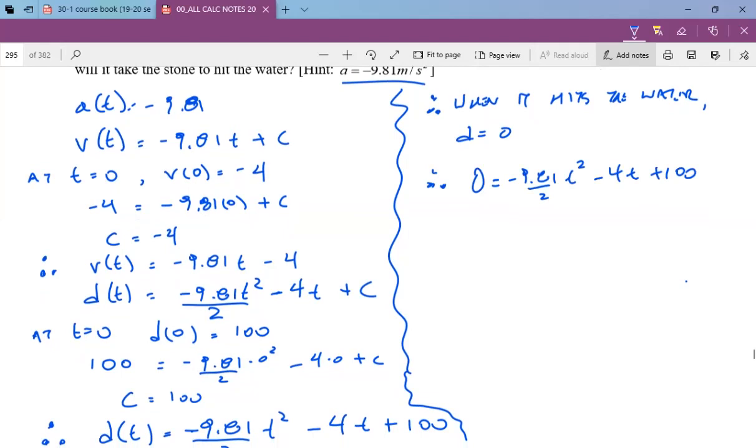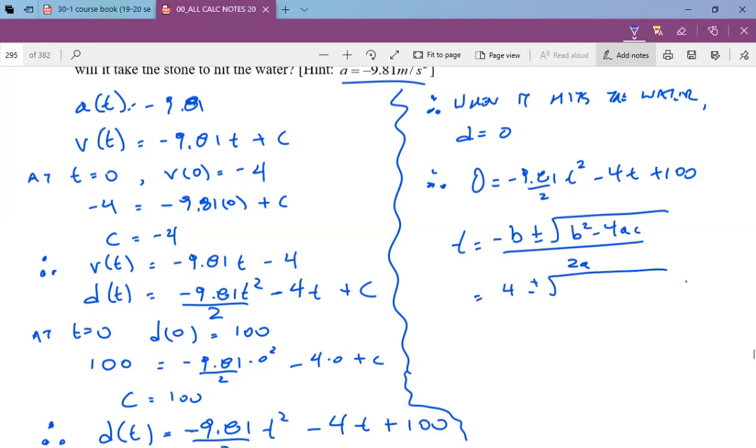Now, unless you're going to try to factor this, I suppose the next step would be to break out the quadratic formula: negative b plus or minus the square root of b squared minus 4ac, all over 2a. We end up with negative b is now positive 4.